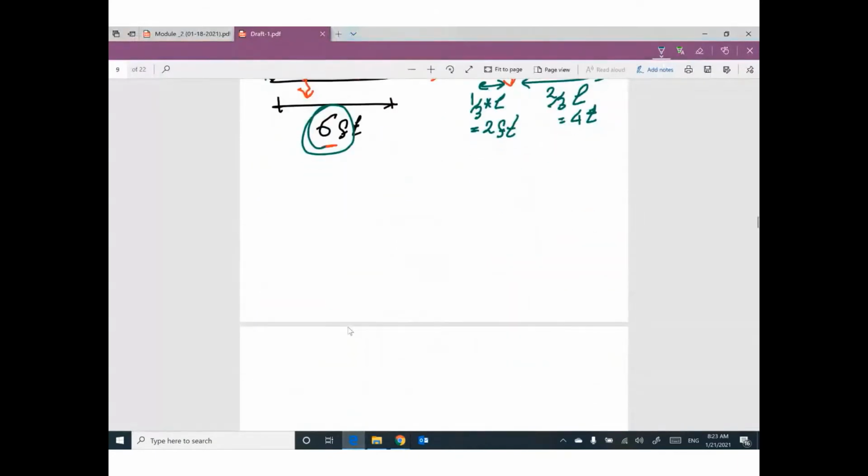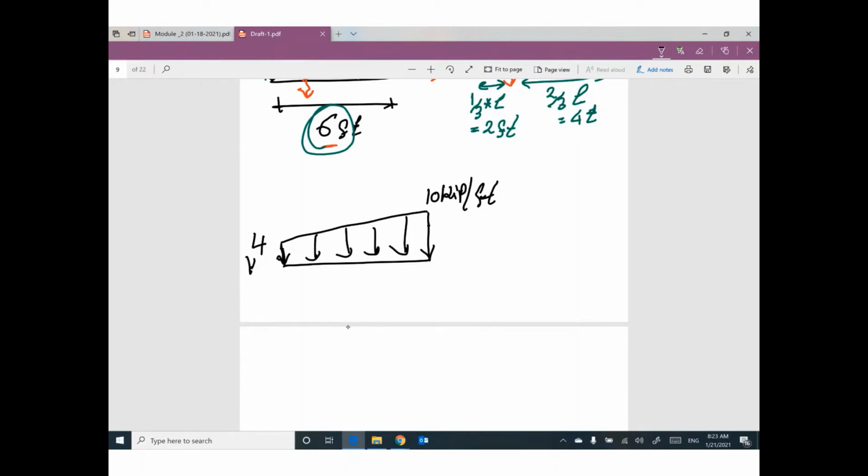What will happen if you have this shape of distributed load? This value is 4, this value is 10 kip per foot, this one is 4 kip per foot.